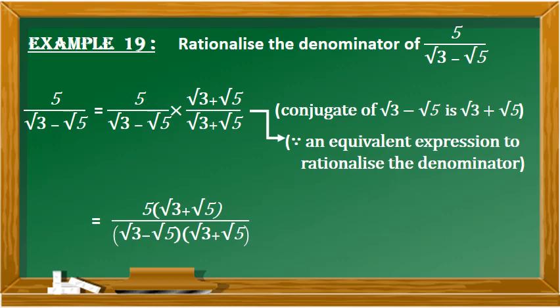You have got an equivalent expression to rationalize the denominator. And you know the conjugate of root 3 minus root 5 is root 3 plus root 5. Now the next step is to multiply the numerator: you get 5 of (root 3 plus root 5) divided by the denominator into denominator, which is in the form of (a minus b) into (a plus b), root 3 minus root 5 into root 3 plus root 5.